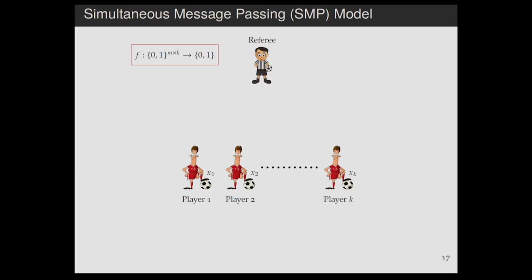But the communication here is very limited. They cannot talk to each other, they cannot do anything. There is only one turn here. They just get the input and they send some message directly to the referee.